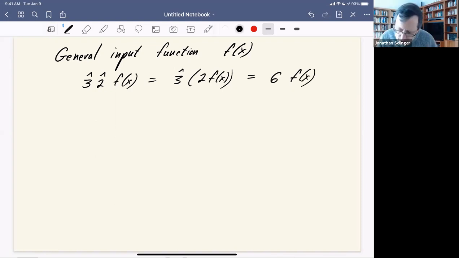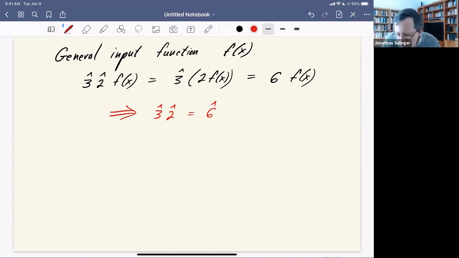So from this, we can conclude that no matter what the input function is, 3 hat 2 hat equals 6 hat. For any input function, doesn't matter if it's x squared or x cubed or whatever, 3 hat 2 hat equals 6 hat.